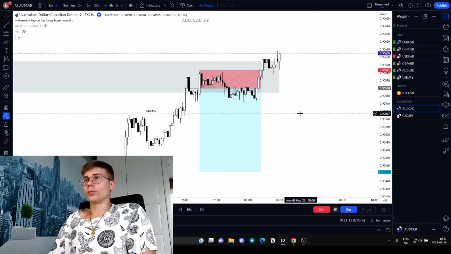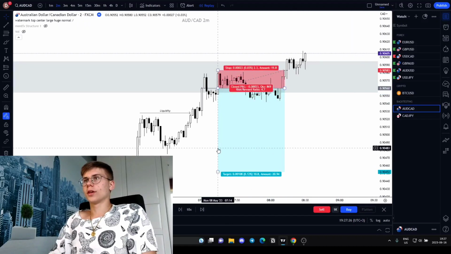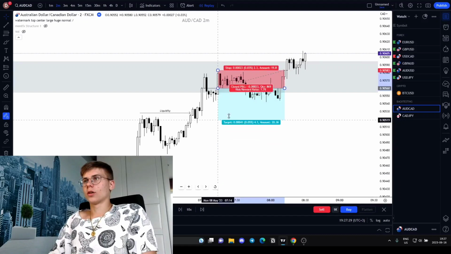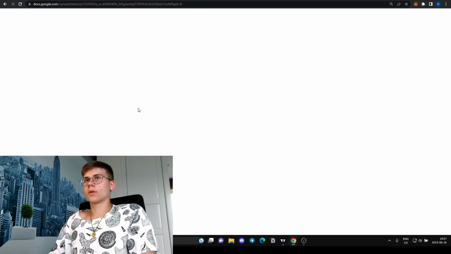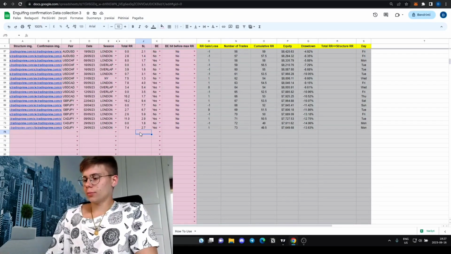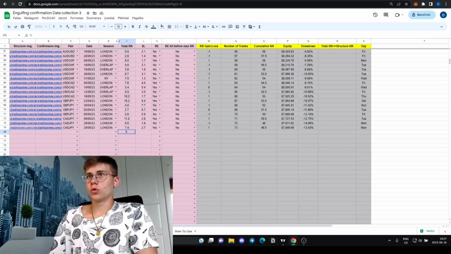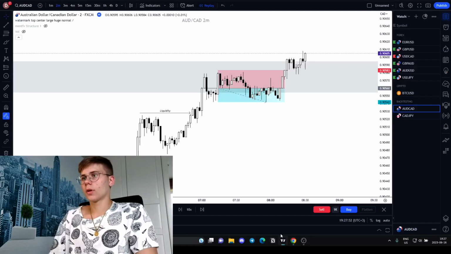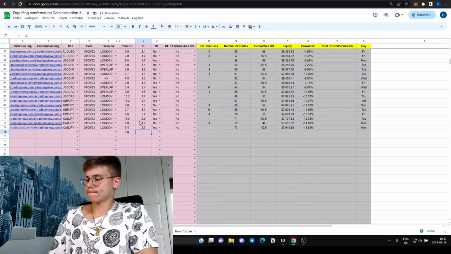So this is how I journal our first journaled trade in this video. I will mark my max run error, so 0.8. I have a spreadsheet where I always journal everything. So total error 0.5, sorry, 0.8. Then pips in stop loss, 2.3, I guess.